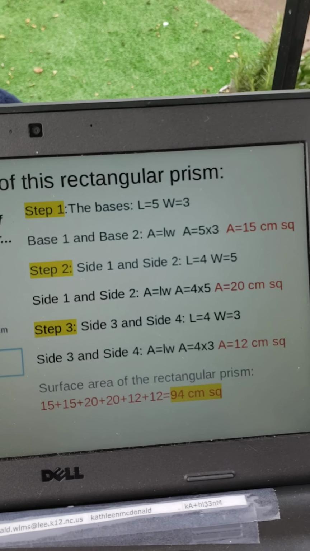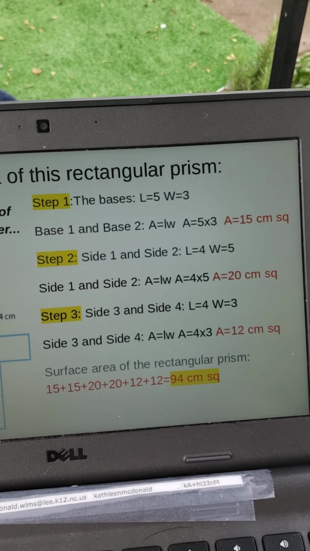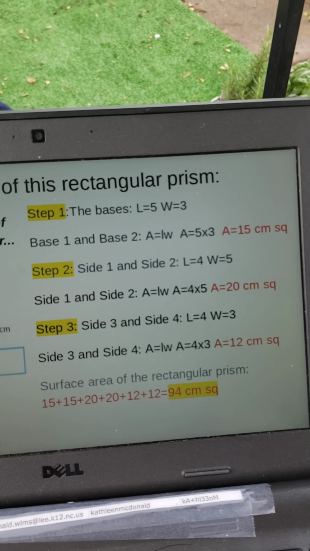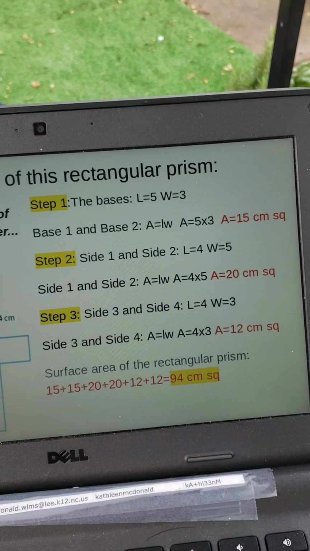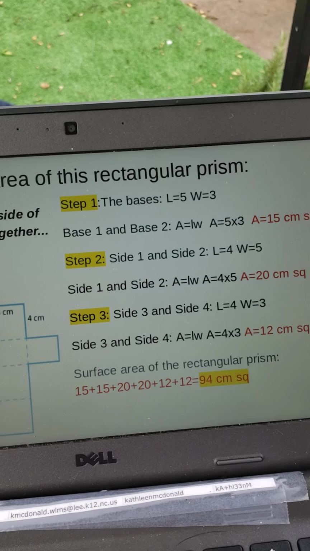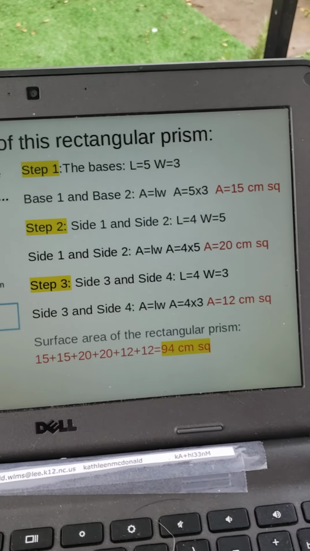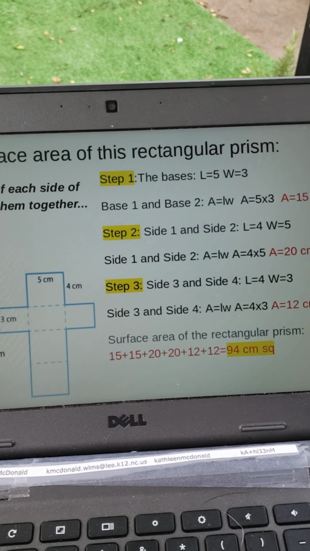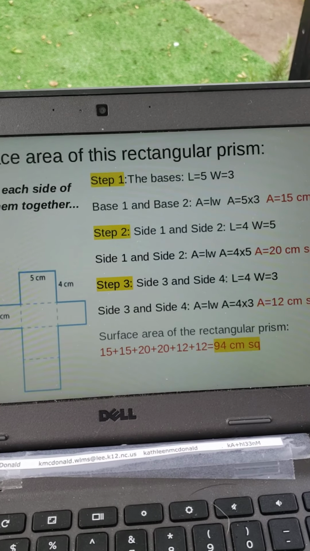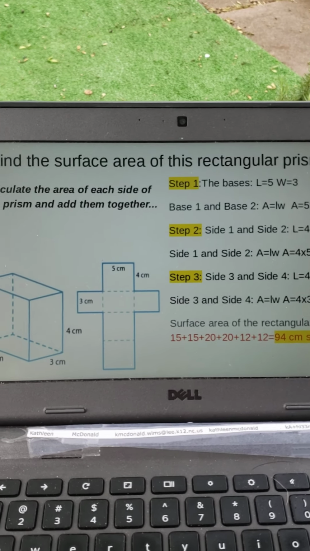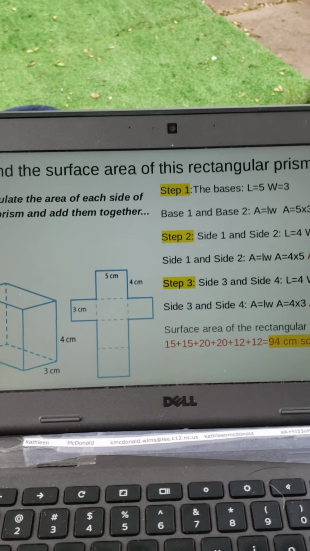So we do 4 times 5, we get 20. So there's 2 of those. And then sides 3 and sides 4 would be 3 times 4. So then you add all of the sides together and you get 15 plus 15 plus 20 plus 20 plus 12 plus 12. You get 94 square centimeters.